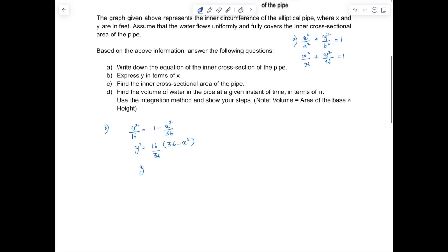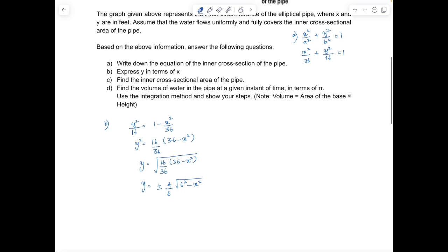So y is equal to square root of 16 by 36 into 36 minus x square. Y is plus or minus 4 by 6 root 6 square minus x square.